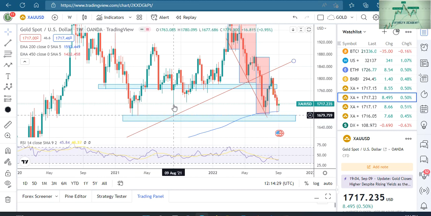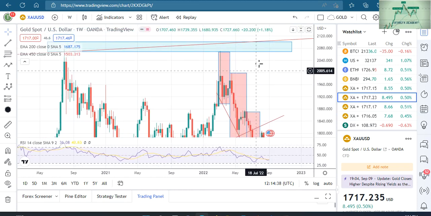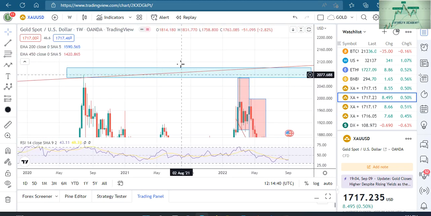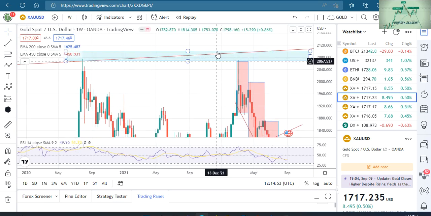So on August 9, 2021, it makes another bull run. This bull run takes us back to what happened in August 2020 to form another high, whereby it makes a double top.